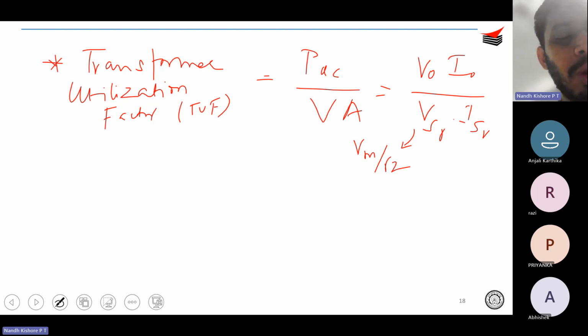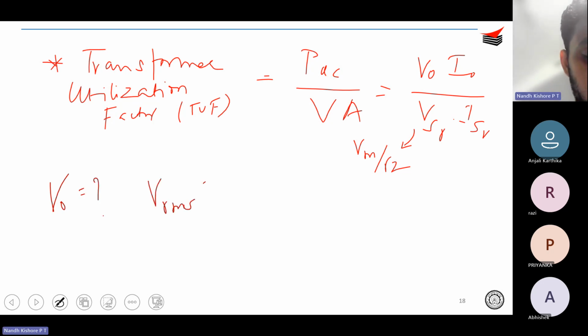Then we saw a lot of problems on calculating the V naught for semi-controlled or full bridge rectifier or half bridge rectifier, controlled and uncontrolled. So finding out V naught, what is the VRMS? What is the power delivered? That is V naught I naught.